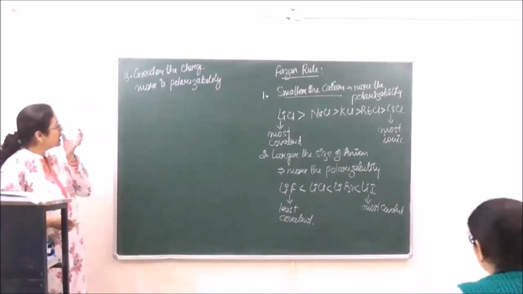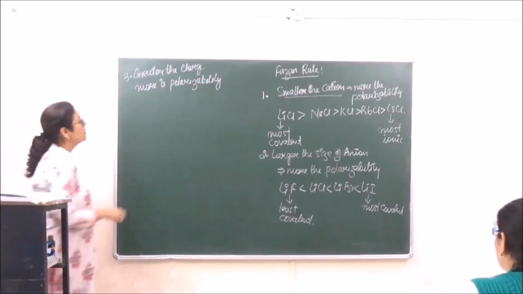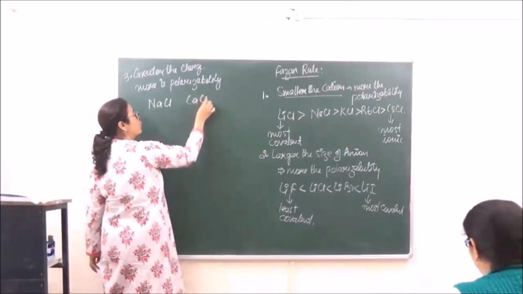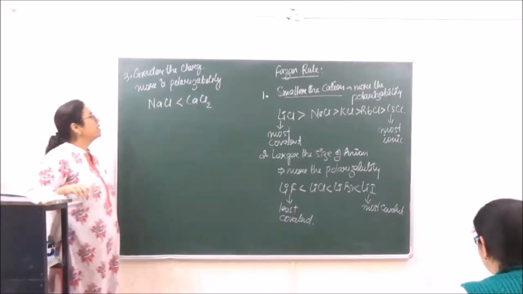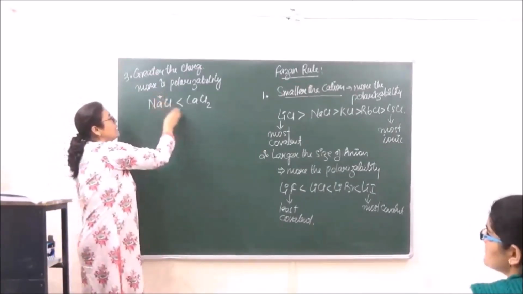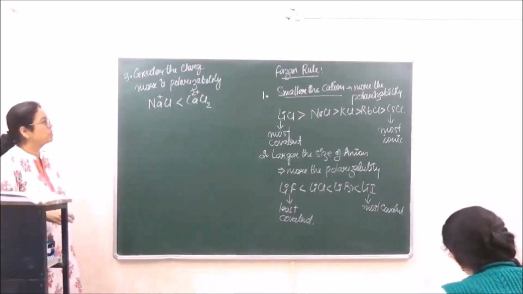So if we're talking of NaCl and calcium chloride, then calcium chloride is going to be more covalent with respect to NaCl because the charge of Na is 1 positive and the charge of calcium is 2 positive. Okay.